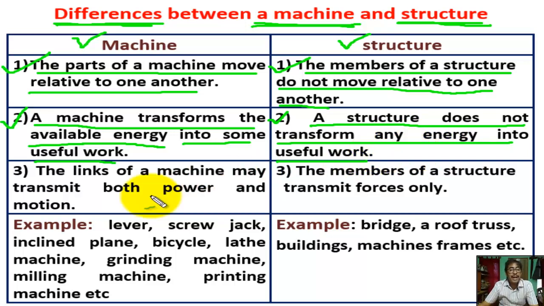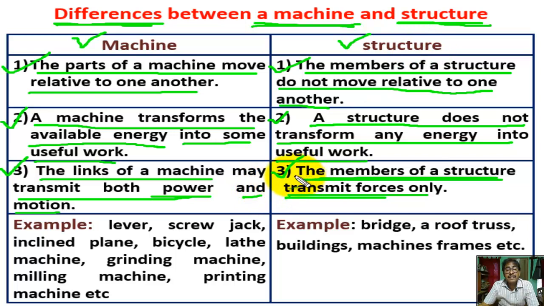Okay. Number three, for machine, the link of a machine, a machine is a combination of links, অনেকগুলো link বা parts নিয়ে তৈরি। The link of a machine may transmit both power and motion, both power and motion transmit করে। In structure, number three, the member of a structure transmits force only.